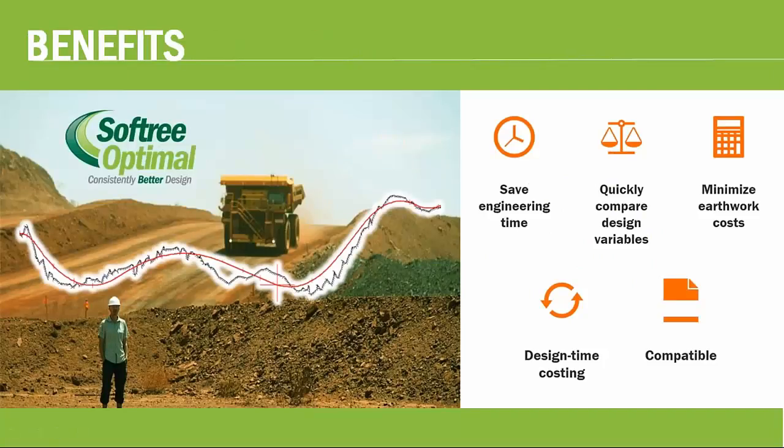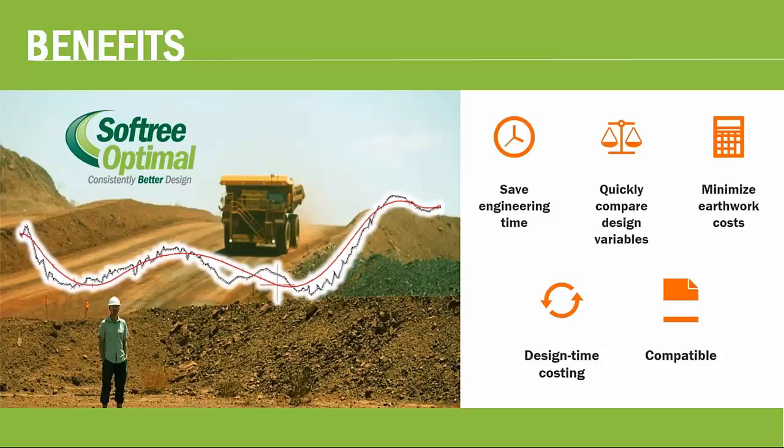Benefits of Softree Optimal. The main benefits of Softree Optimal is it saves engineering time and construction costs. It saves engineering time because it automates part of the design process, and it saves construction costs by mathematically minimizing earthwork. The optimizer typically can reduce construction costs by 10 to 30%, and sometimes even more depending on the project.